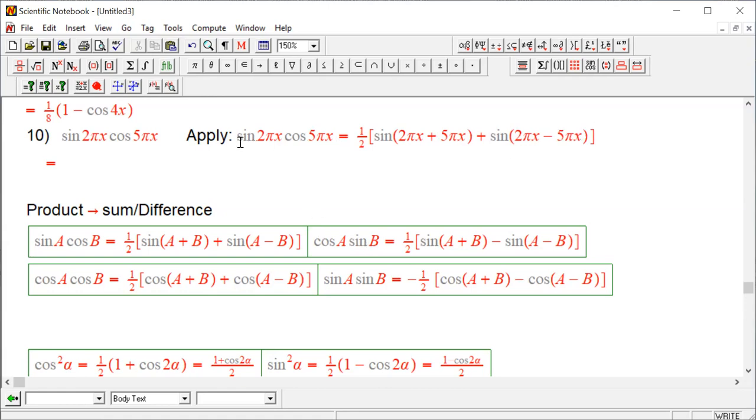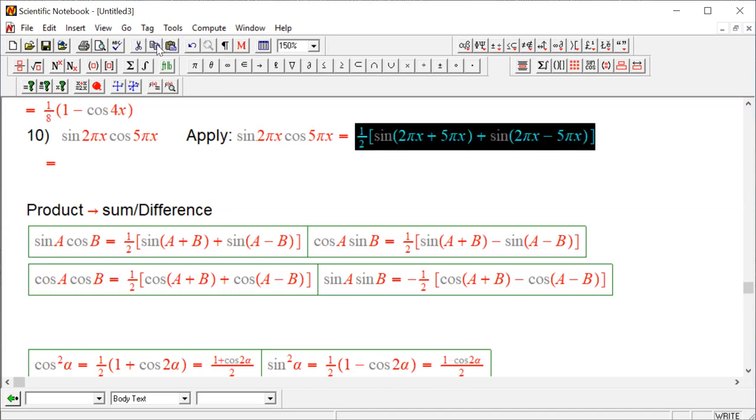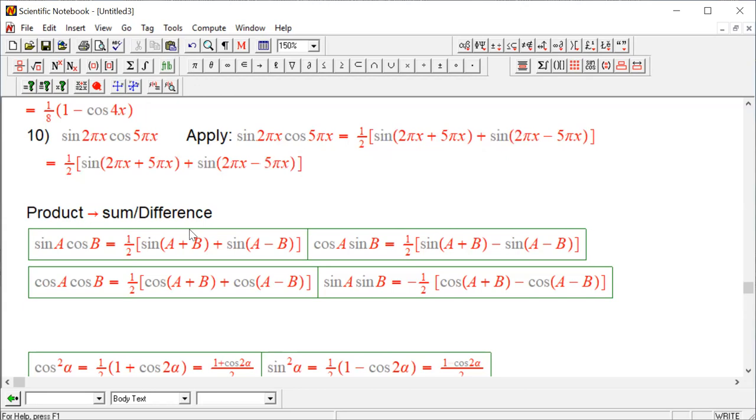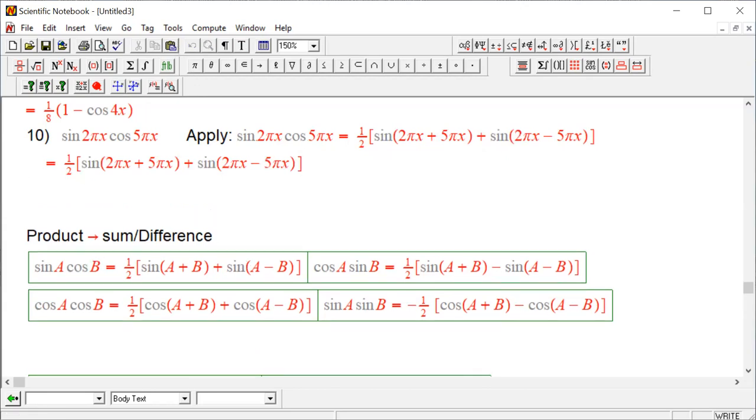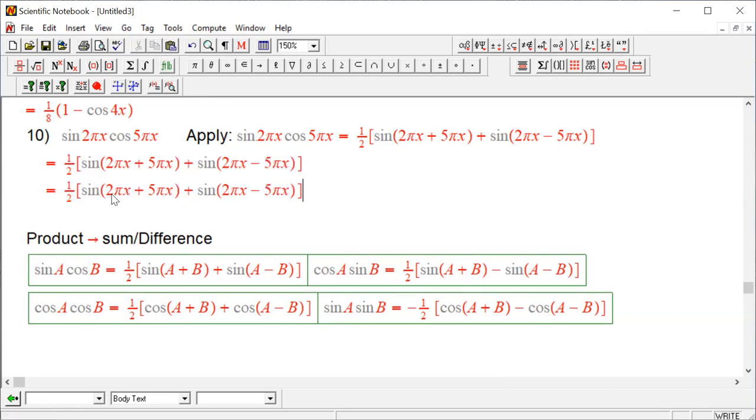Now sine 2 pi x cosine 5 pi x we can just replace by the whole thing. The power is already reduced. The rest is just simplifying. To simplify, we just add up the quantities in the parentheses. 2 pi x plus 5 pi x is 7 pi x, and we don't need the parentheses anymore. And this piece is negative 3 pi x.